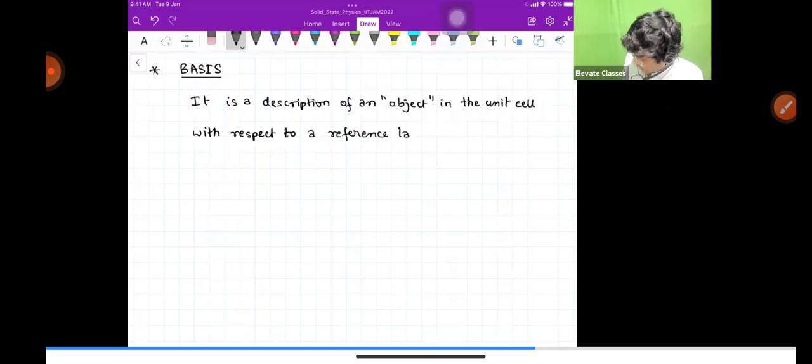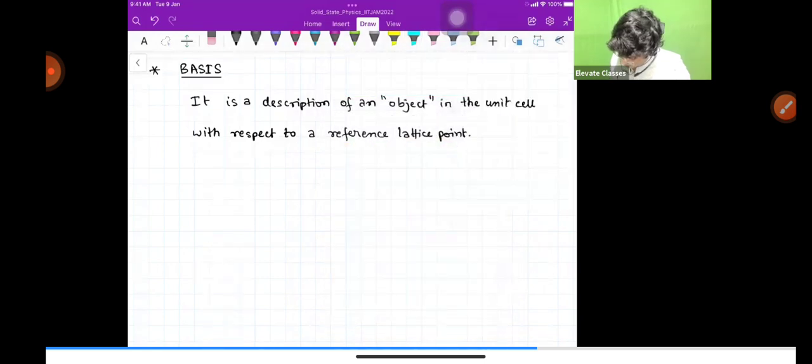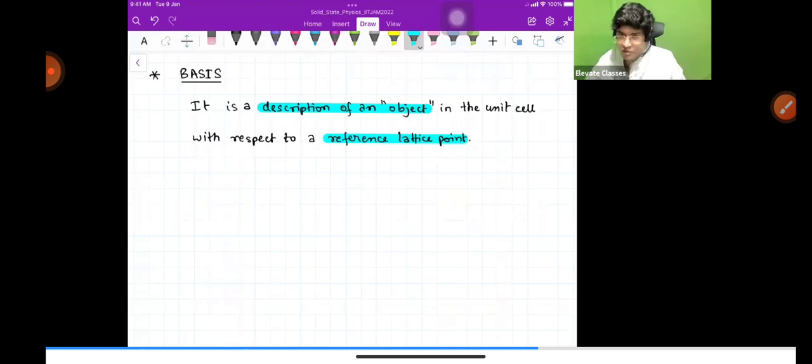We take a lattice reference. This is the important part. So it's a description of an object with respect to a lattice point. Okay, this is it. Don't think about anything else.